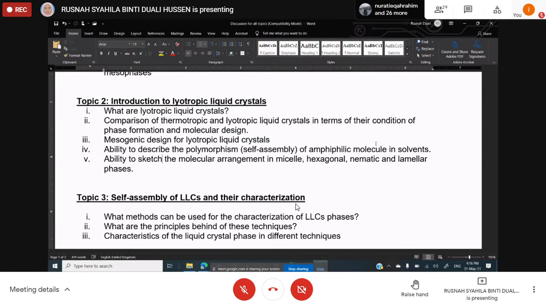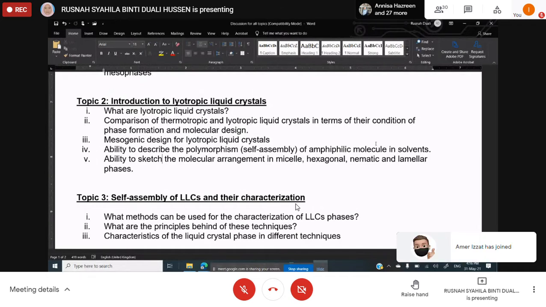So for lyotropic, the keyword is polar, so you have to understand what polar molecules are in order to be able to distinguish amphiphilic from chromonic, for example.